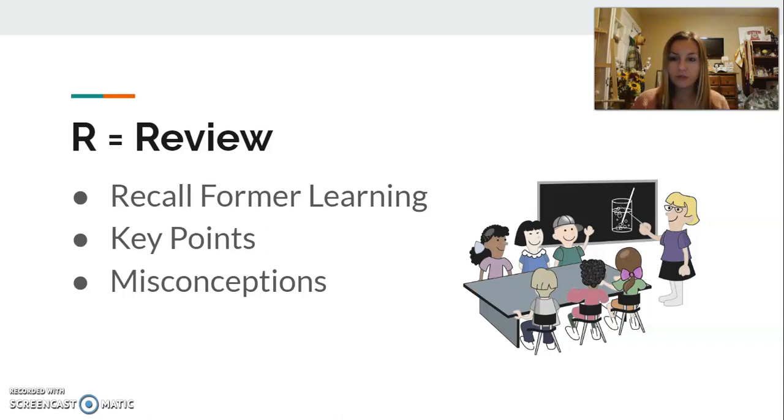So students can learn from other students. By allowing them to work in groups, if one student has a misconception, another student can say, hey, I think that you may be thinking a little bit off.